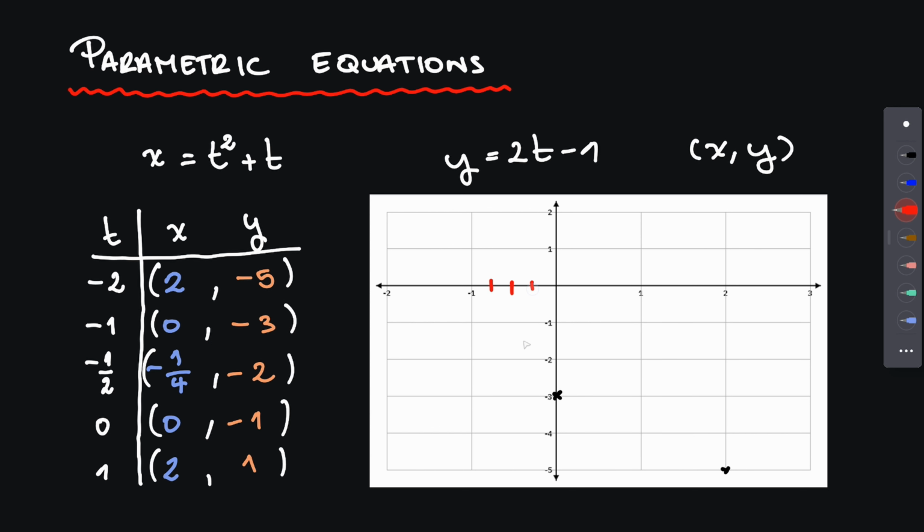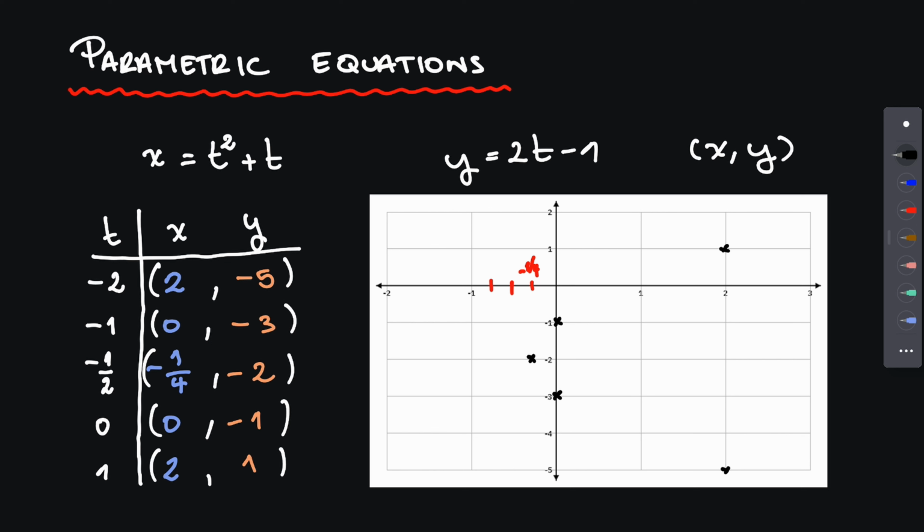So we divide it like that. And if we take 1, this is negative, this is -1/4. So -1/4 with -2 will be around here. 0 and -1 will be around there. And 2 and 1. So 2 in x and 1 in y.